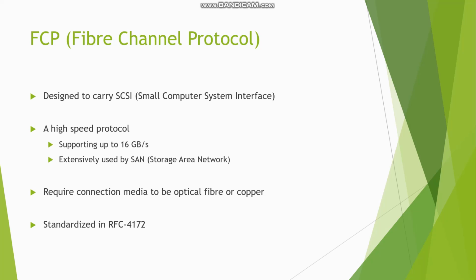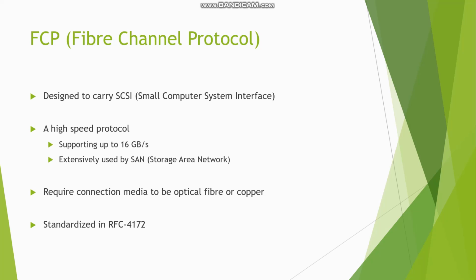Other than SAN networks, FCP is also used to connect supercomputers, storage devices, and workstations, where they have a special need for data transfer rate. Also, to deploy FCP in such an environment, the connection should be using either optic fiber or copper media. By using FC, it brings benefits in both performance and scalability.